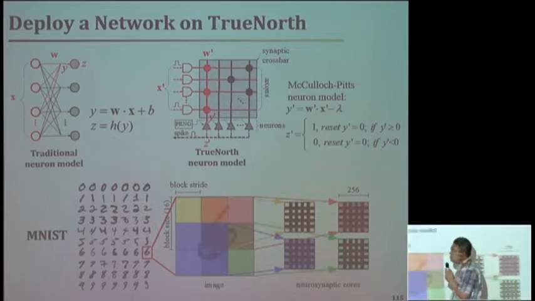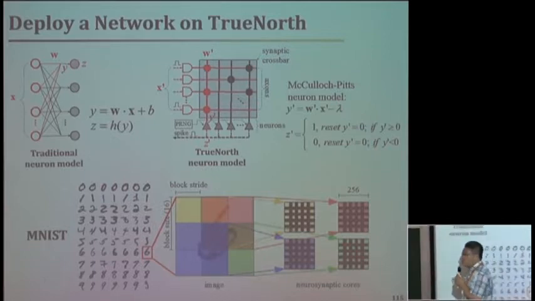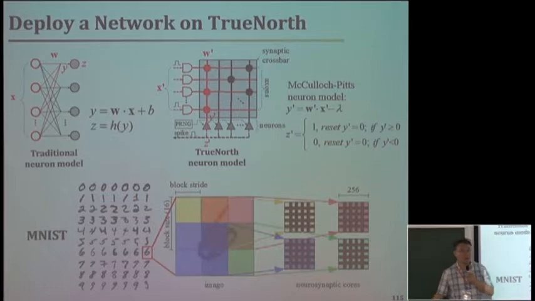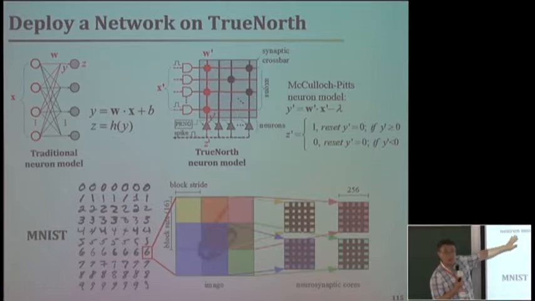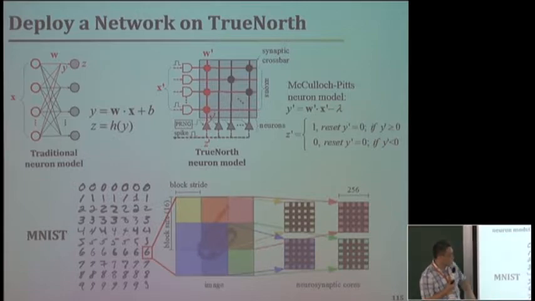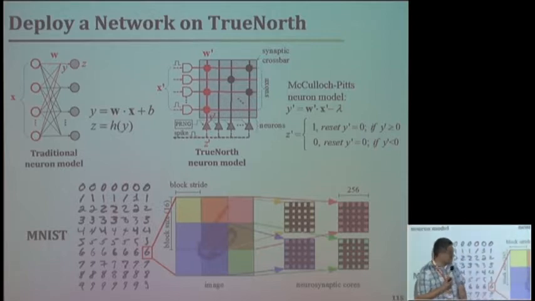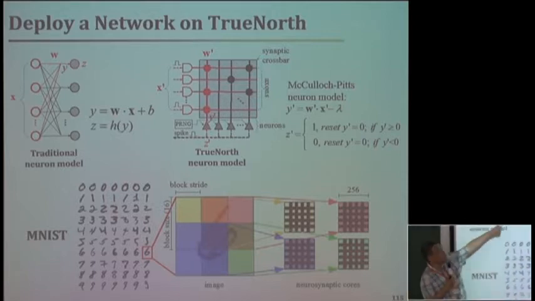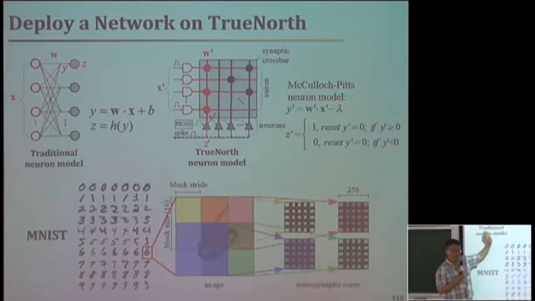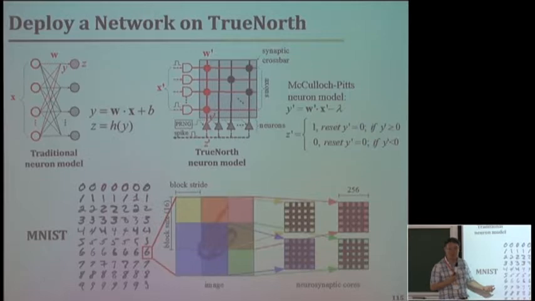And how are we going to map an image with a random number of pixels down to this neurosynaptic core? Here's one example. That's an MNIST image, which is 28 by 28 pixels. And we know the input of the synapse core is only 256, which is the square of 16.